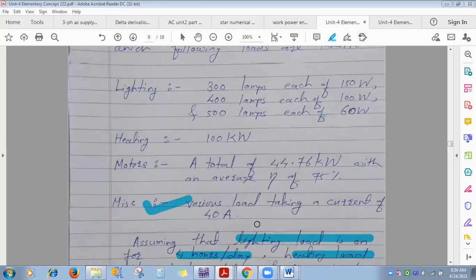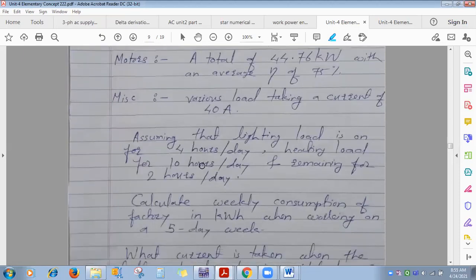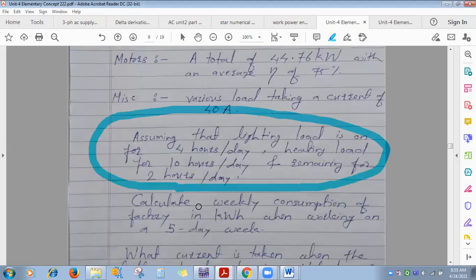So here, see, this is for how much time duration it is on, that is given.